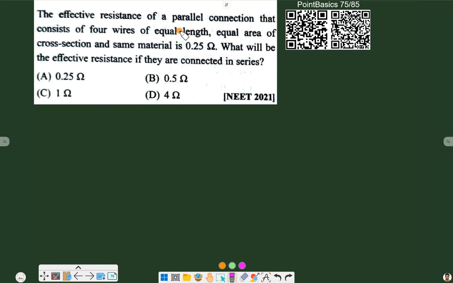The effective resistance of a parallel connection that consists of 4 wires of equal length, equal cross-sectional area, and the same material is 0.25 ohms. What will be the effective resistance if they are connected in series?